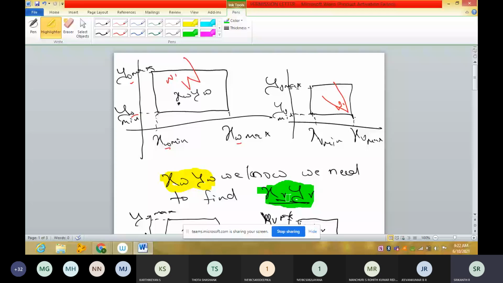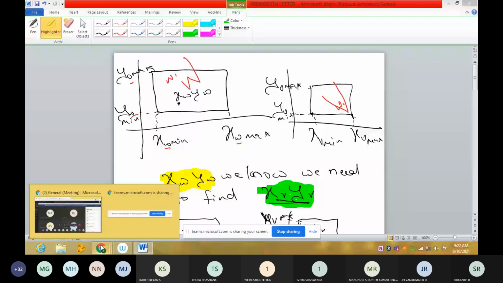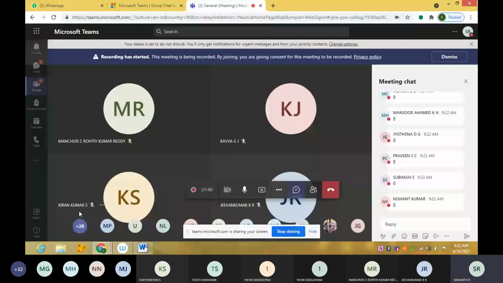What we need to find is the view coordinate values. Is it clear till here? If it is clear till here, reply.